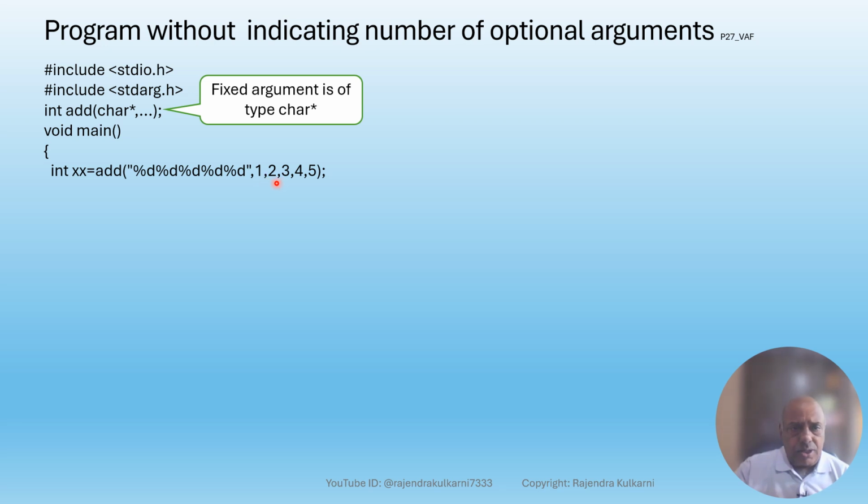In this call we are sending 5. If I want to pass 10 variables to this function, then in that call this %d will appear 10 times.